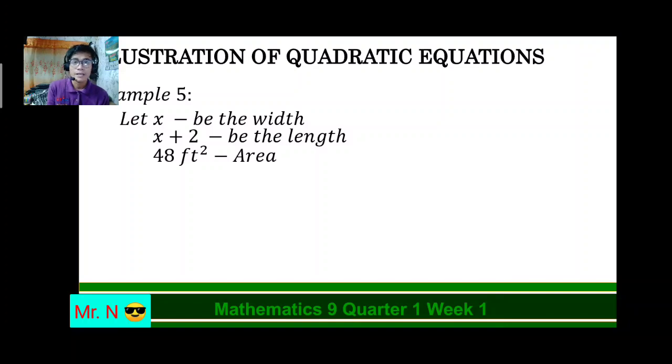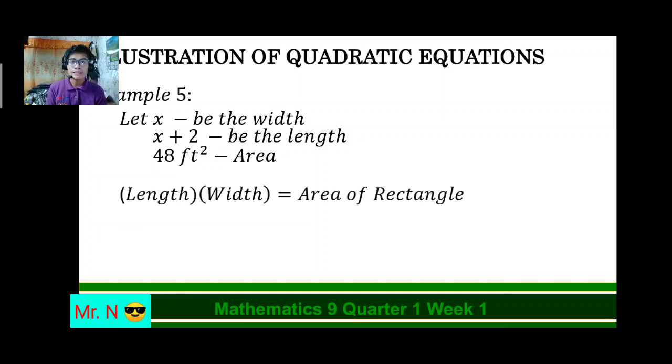Right? And from the word rectangle, meaning to say, we're talking about here the area of a rectangle. And the formula to get the area of a rectangle is length times width. Very good. Good that you still remember. So, length times width is equal to the area of a rectangle.